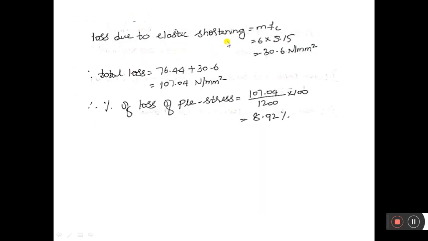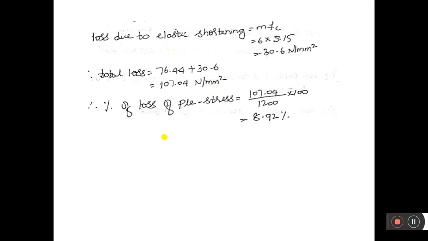Therefore loss due to elastic shortening, M into Fc, so 6 into 5.15, is equal to 30.6 Newton per mm square. So 30.6 Newton per mm square is the loss of prestress in the top steel. So the total loss from top and bottom steel is 76.44 plus 30.6, that is 107.04 Newton per mm square, the total loss in the member, considering bottom steel as well as top steel.